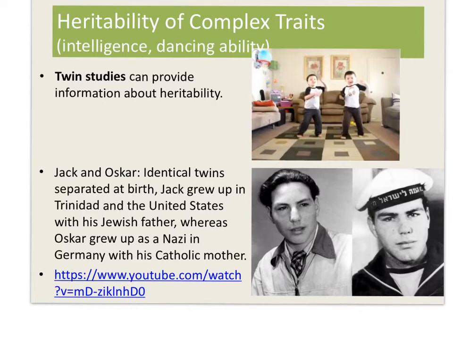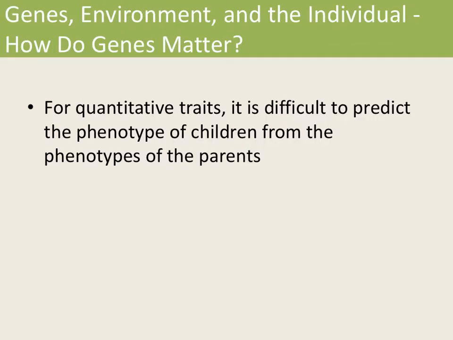You have identical genes, and then you see how they're expressed in different environments. With a lot of quantitative traits, especially since these are genes with small effect, it's actually hard to determine what kind of phenotypes.